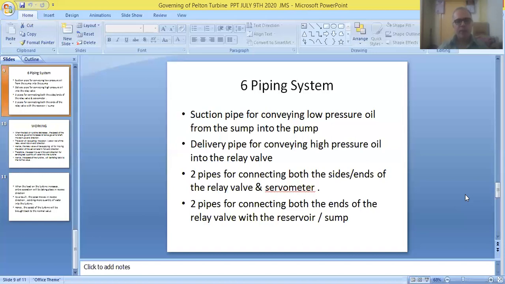So totally six pipelines are needed for operating the system. All these pipelines put together are referred to as the piping system.